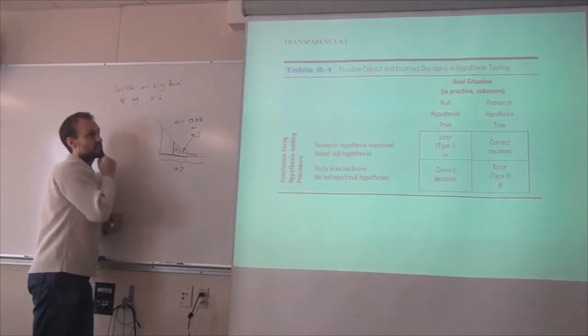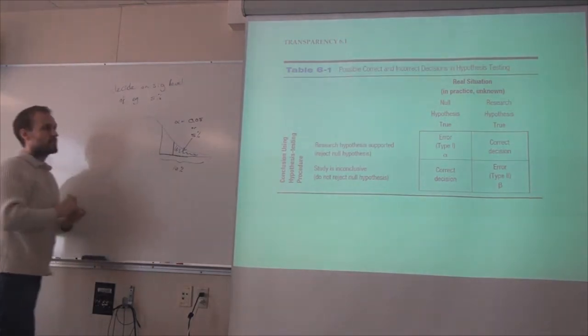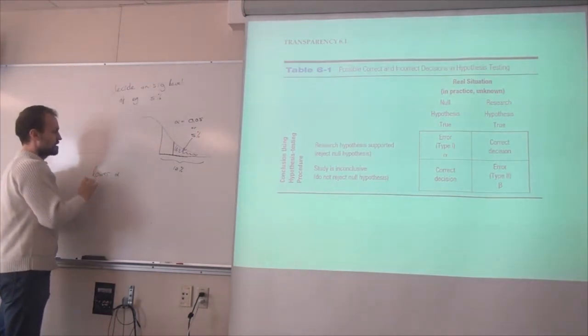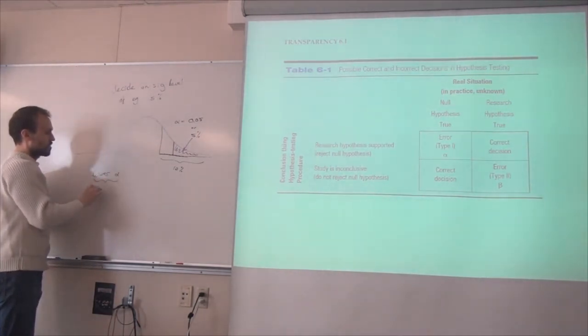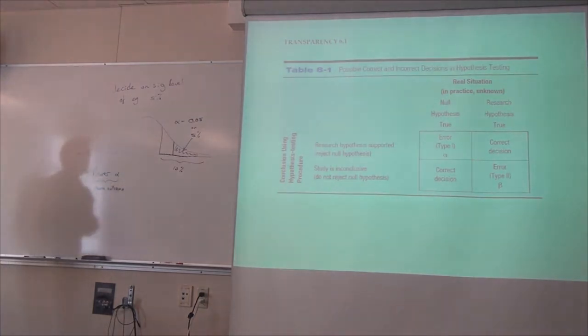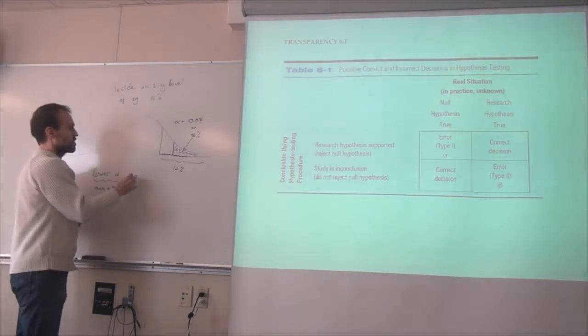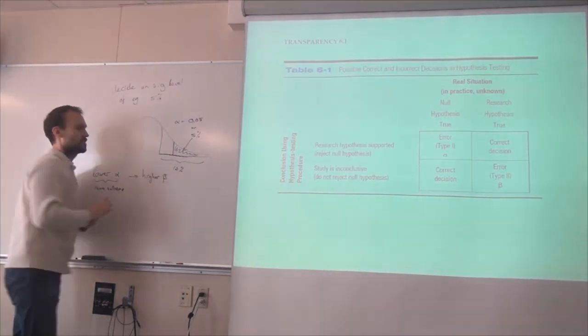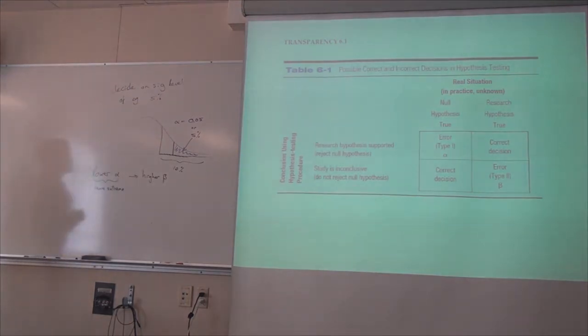And I should have maybe rejected it earlier. So a lower alpha, meaning, let's say, more extreme before I reject anything, is going to cause a higher probability of a type 2 error.